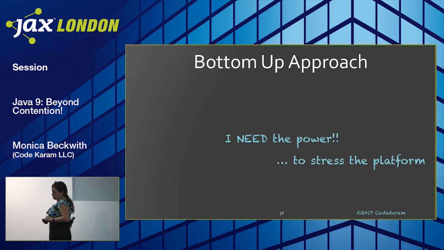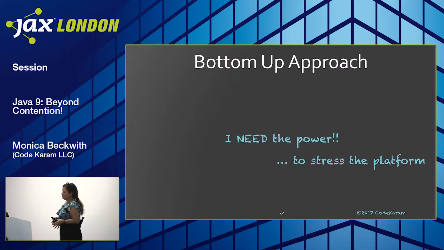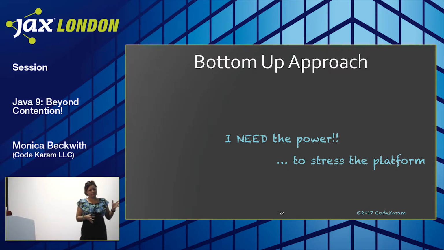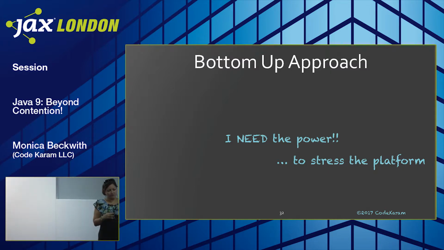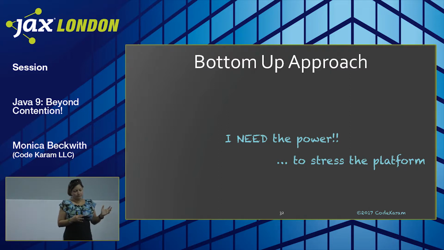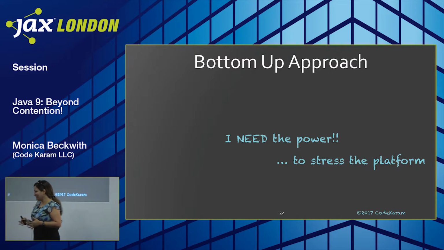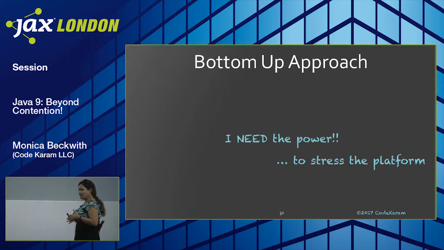What about the bottom-up approach? In the bottom-up approach, I need the power. Previously I had the power to modify the code, but now I need the power to stress the platform. So what is important to me changes, the view changes. As a bottom-up performance engineer, it's important that I can stress my platform.